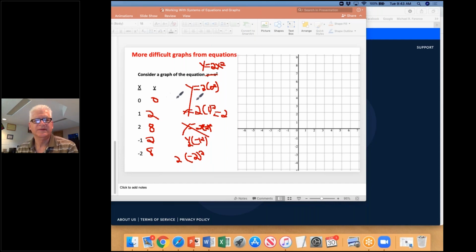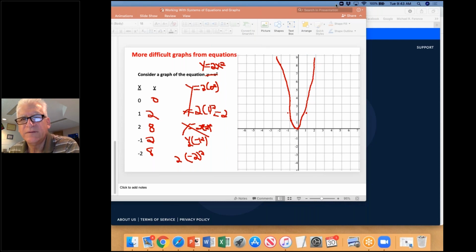So now let's look at what we have here: 0, 0. 1, 2. 2, 8. And then negative 1, 2, and negative 2, 8. Now, you remember what the last one looked like? It's the same thing. It's a parabola, but it's narrower.